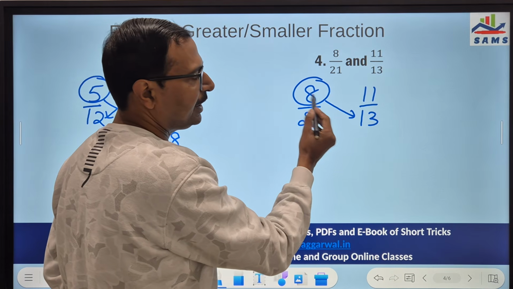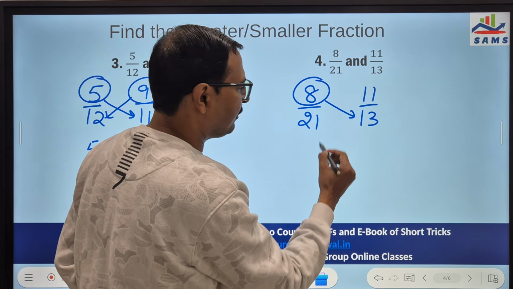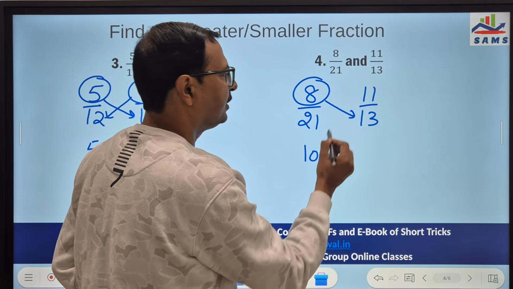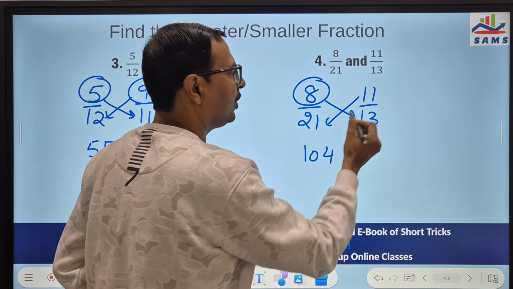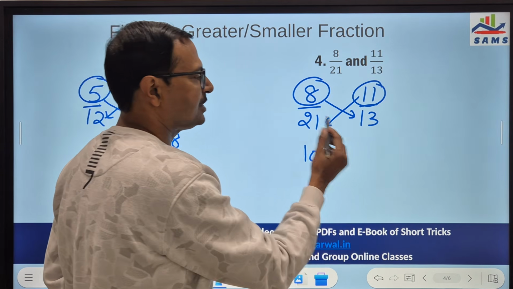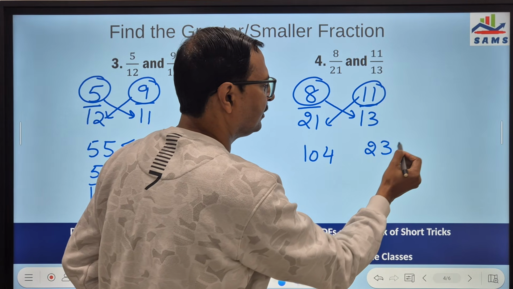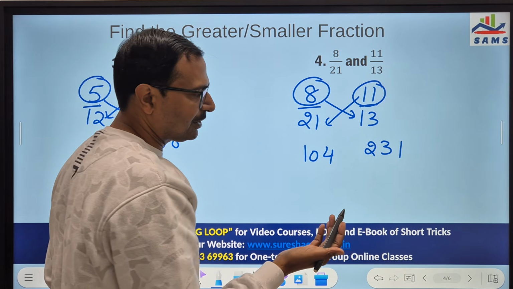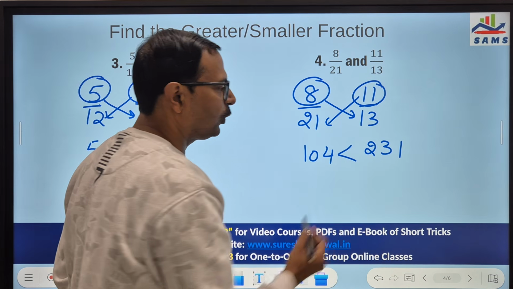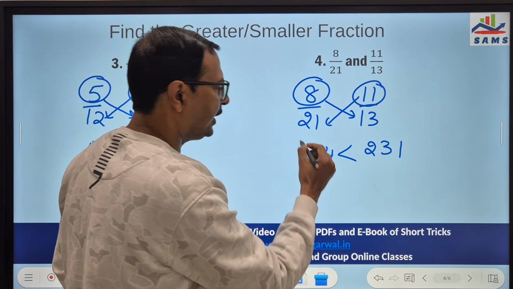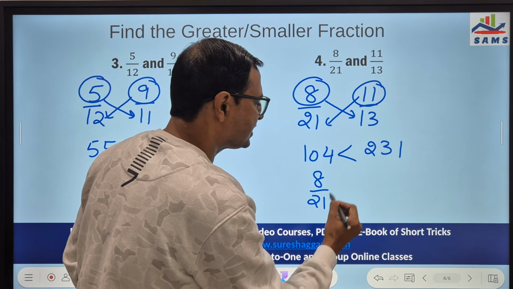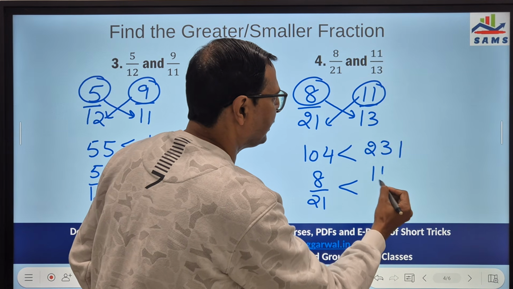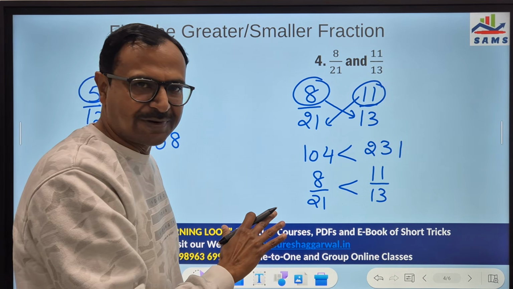It will be 8 times 3 is 24 and 80, 104, and 21 times 11, or 11 times 21, will be 231. Now you can very comfortably say that 104 is less than 231. So 8 by 21 is the smaller fraction or 11 by 13 is the larger fraction.